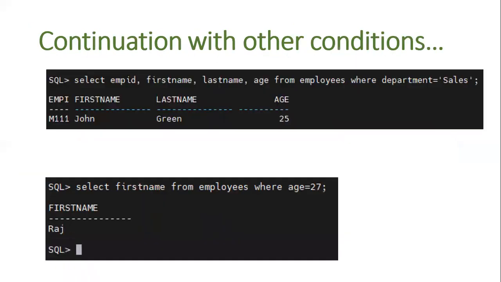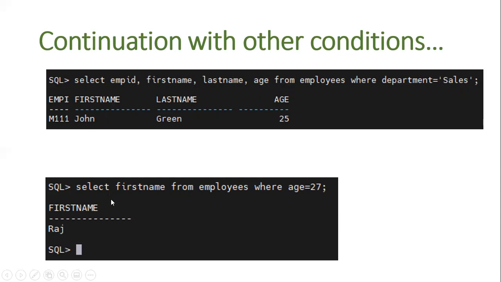Moving on, in order to make things more clear, I have taken multiple examples. I have selected first employee ID, first name, last name, and age from the employees table, where I have changed the condition here where department is sales. So whenever we want to apply various filters, when we have huge database, we can apply various conditions and then we get the result automatically.